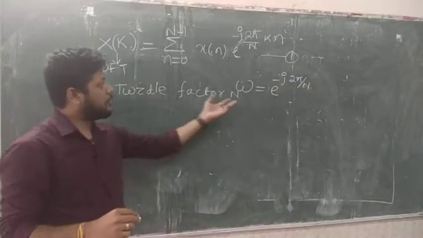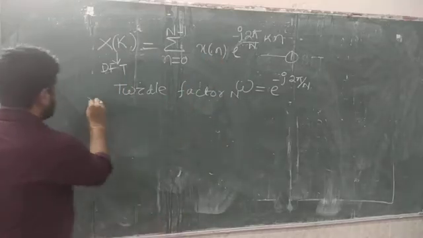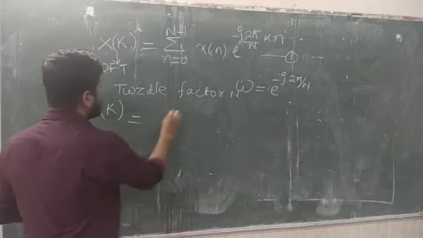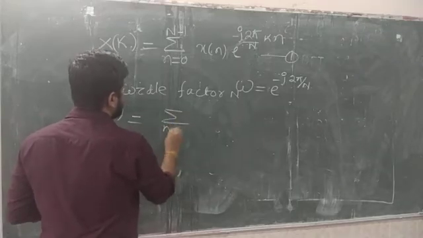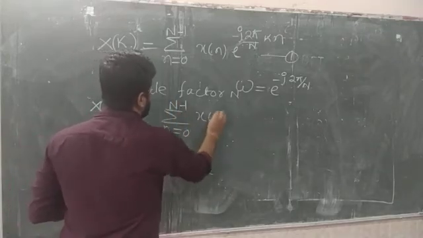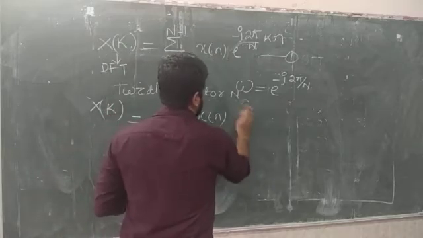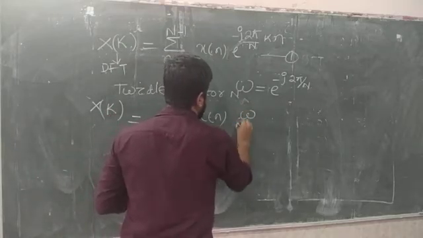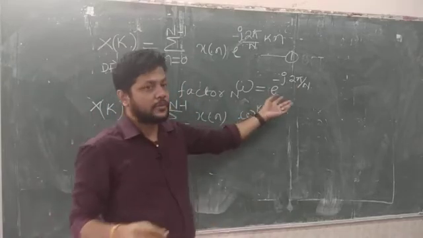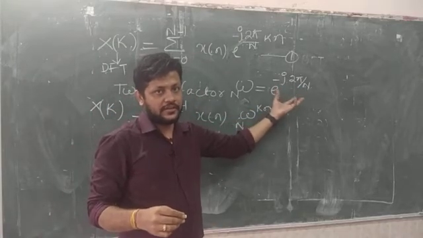Now we can write this W_N in the equation. So X of k is equal to the summation of n equal to 0 to N minus 1 of x[n] W_N to the power kn, in place of the exponential. Since the W_N value is e to the power minus j 2 pi by N, it is a phase form, it represents the phase.